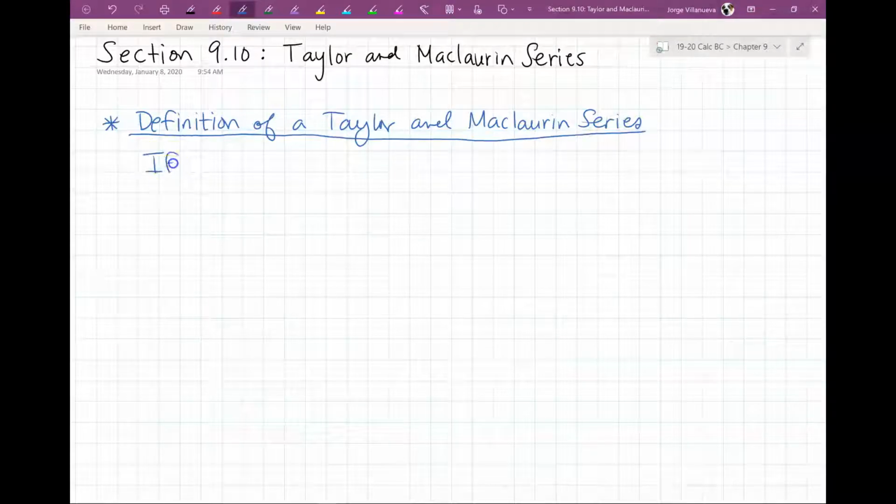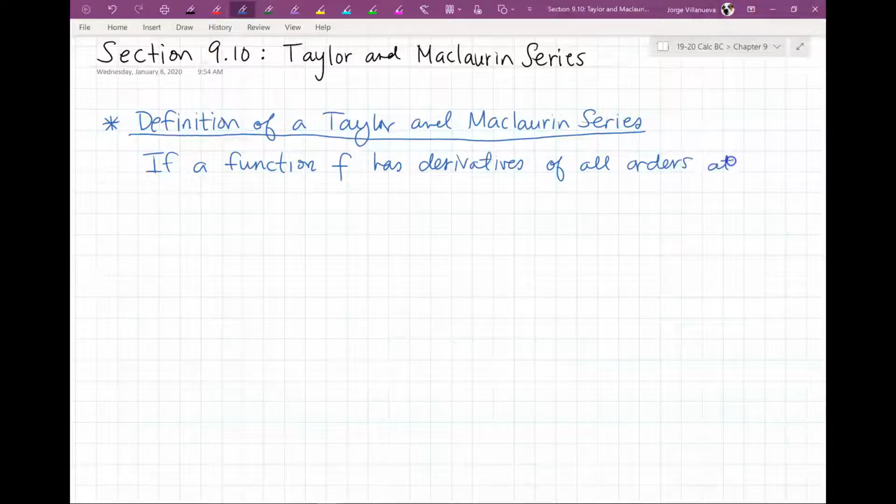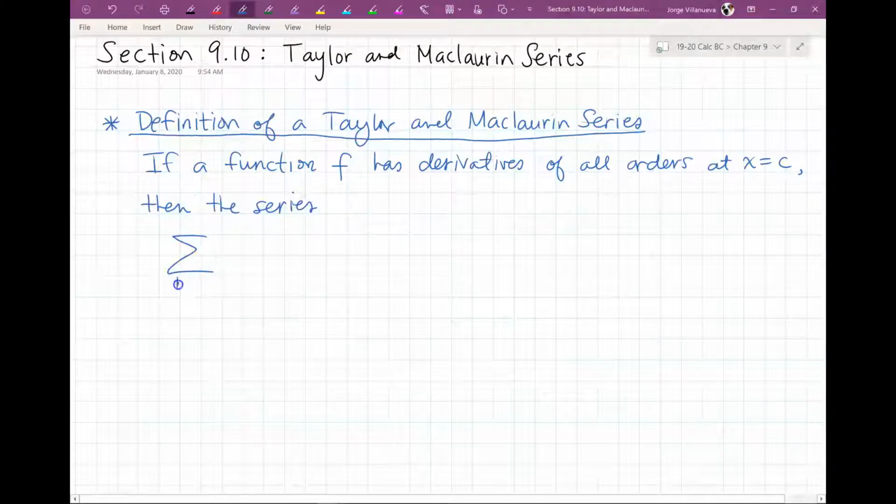It says if a function, so a given function, okay, so if a function f has derivatives of all orders at x equal to c, then the series, and they give us the sum as n goes from 0 to infinity of f to the n of c, that's the nth derivative, divided by n factorial, times x minus c to the n.